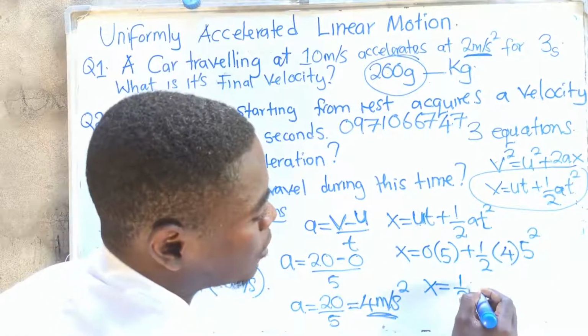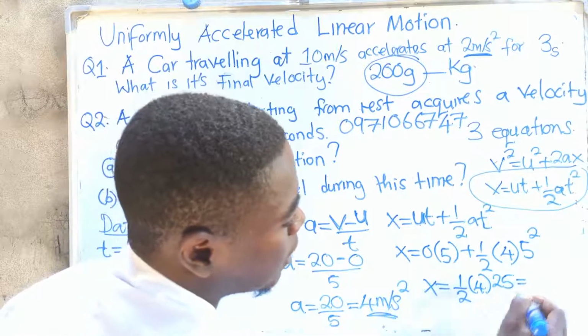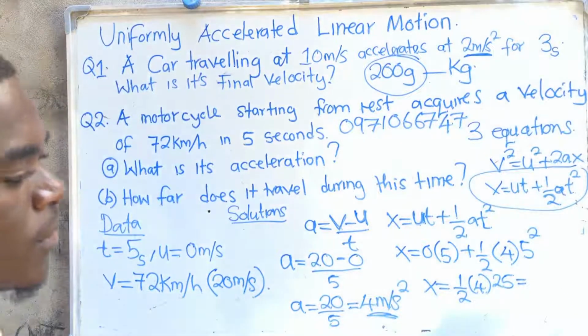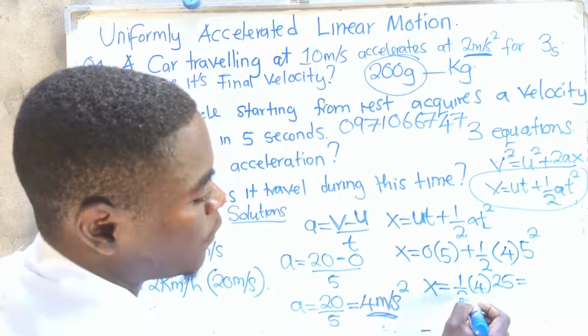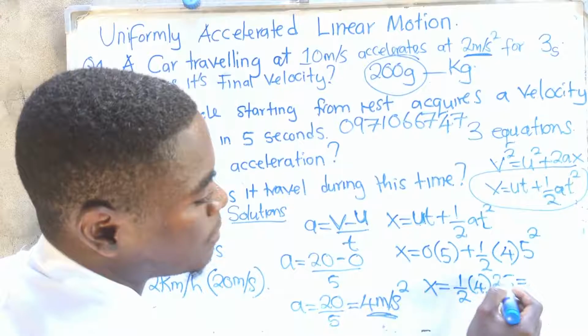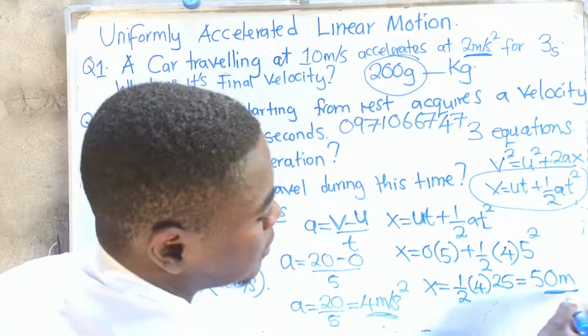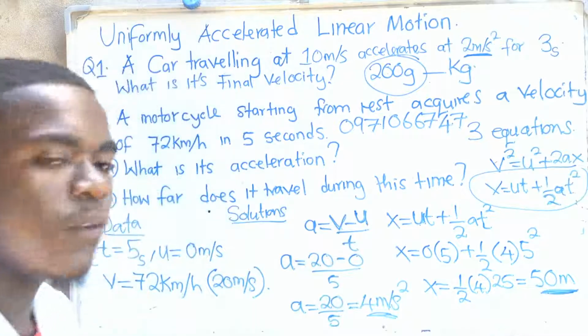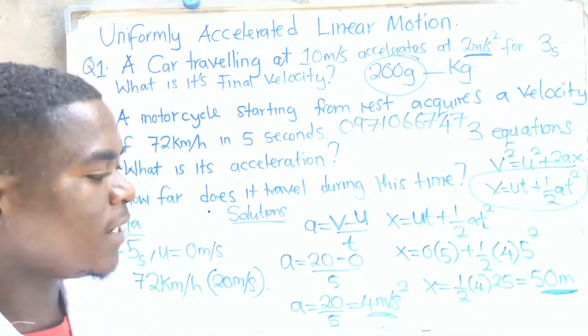Half multiplied by 4 times 25. What answer am I getting? Half of 4 is 2. 2 times 25, you get 50 meters. So that is the distance, 50 meters. This is what you are supposed to do and understand.